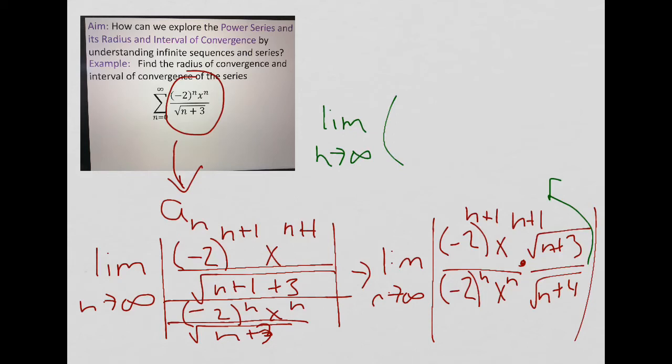Same base, so you can subtract the exponents, and we're just going to get a (-2) to the first power and an x to the first power. We're not going to be able to do much simplifying of the square roots, so we can leave that.